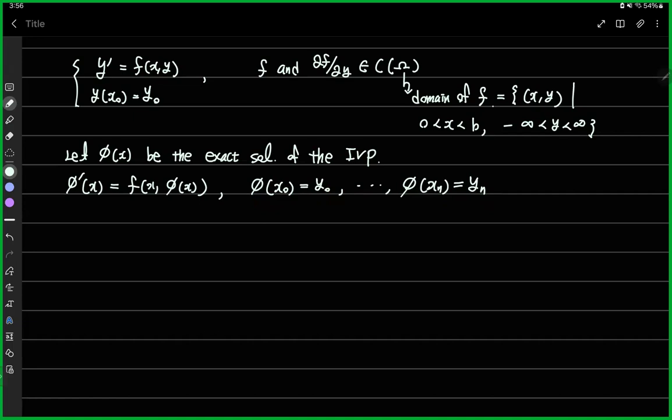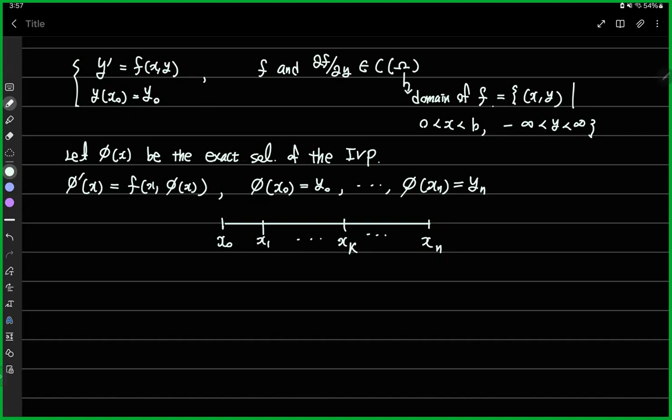For the discrete points x0 to xn, meaning the grid points, maybe this is x0, here's x1, here's xk, and then here's xn. So phi evaluated at each discrete point must be equal to the exact solution at each discrete point.